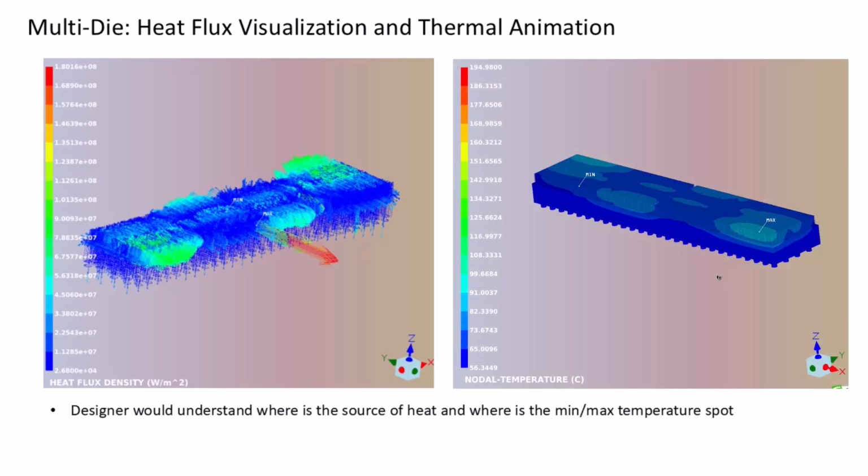And animations of the temperature behavior allow teams to assess whether the design stays within thermal specifications or needs adjustment. This visualization empowers better decision-making, right from layout to packaging and stacking the whole system.